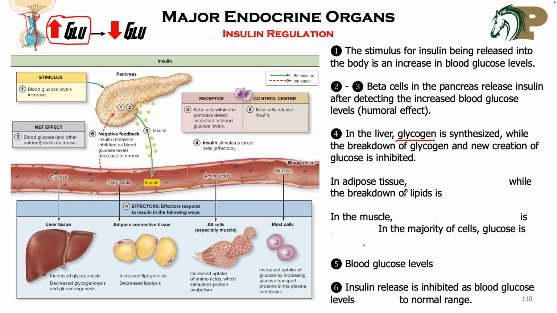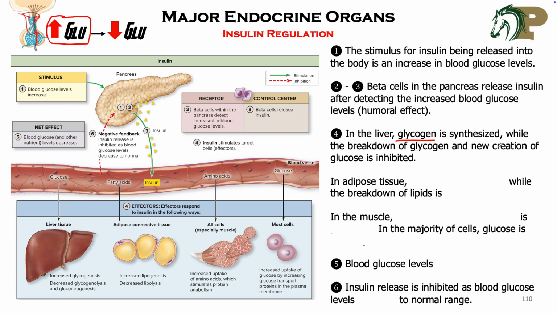Glycogen is the storage form of glucose. And since we have increased blood glucose levels, we don't want to break down glycogen, because if you break down glycogen, you're going to increase your glucose levels. We don't want to do that. And we also don't want to create any new glucose because our glucose levels are already high. So we're going to inhibit the breakdown of glycogen, and we're going to inhibit the new creation of glucose.